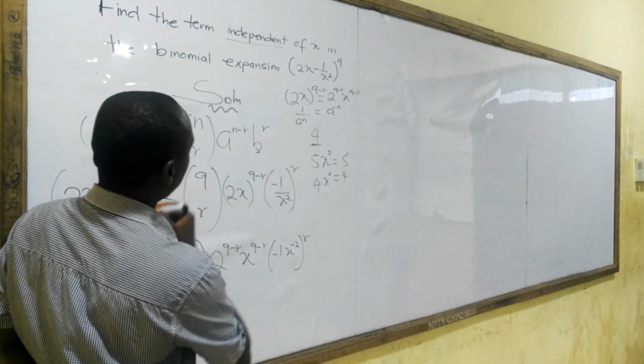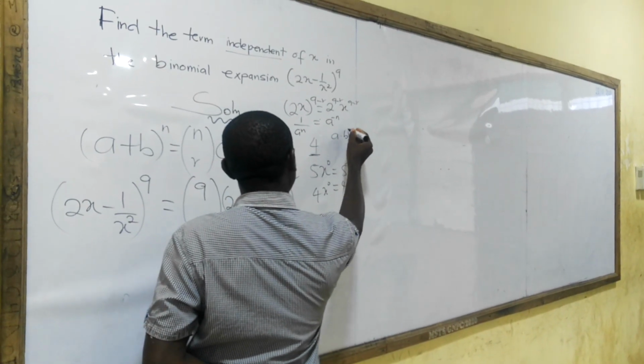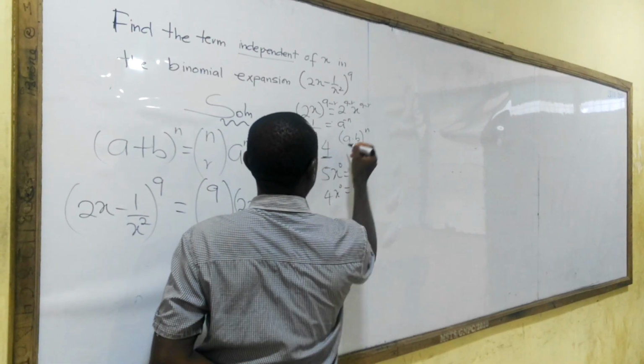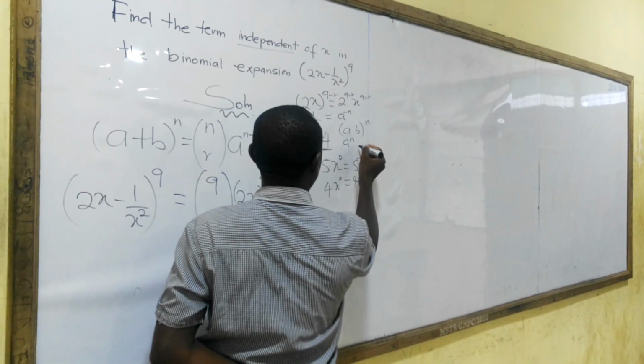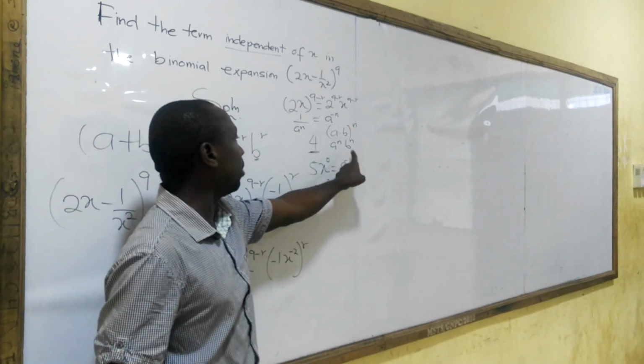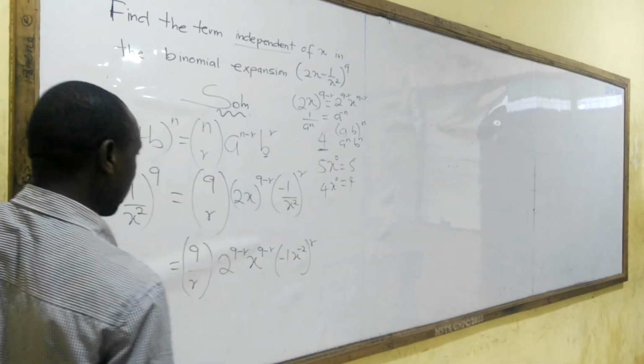Again, if I have, for instance, a times b all to the power n, this n will affect a and it also affects b. So the a will take the power n and the b will also take the power n. I apply the same principle here.